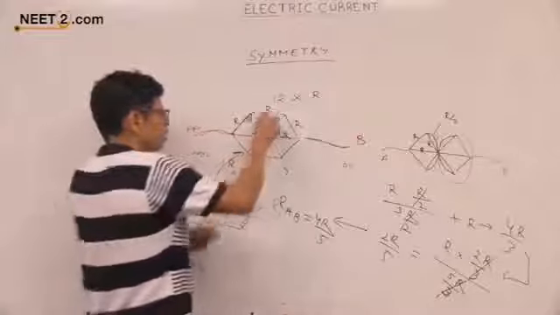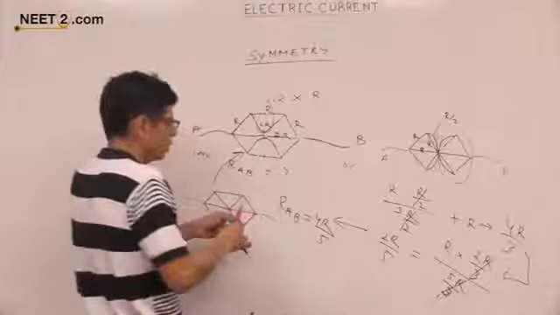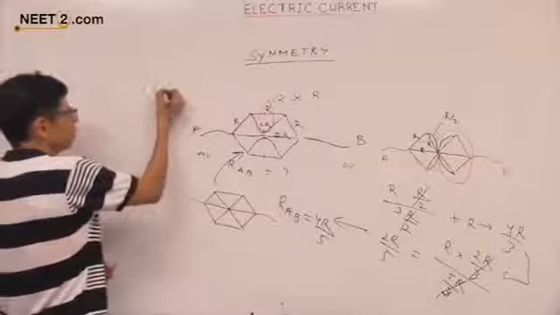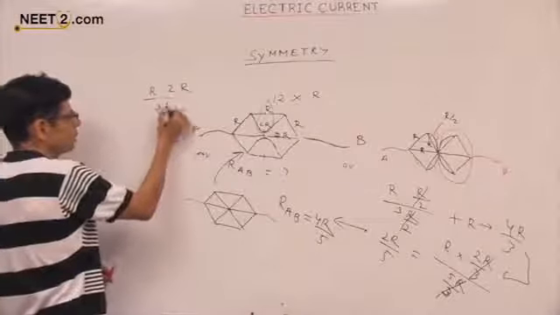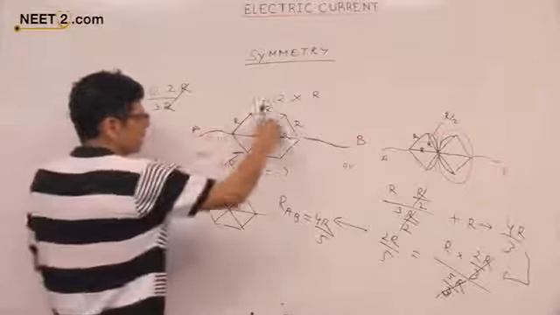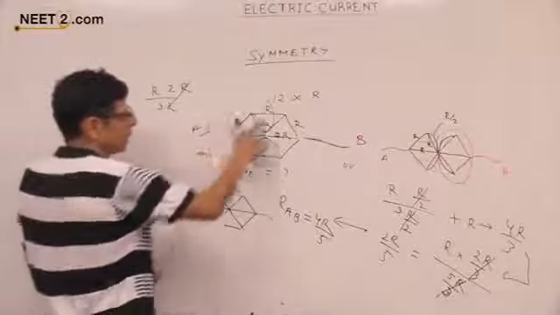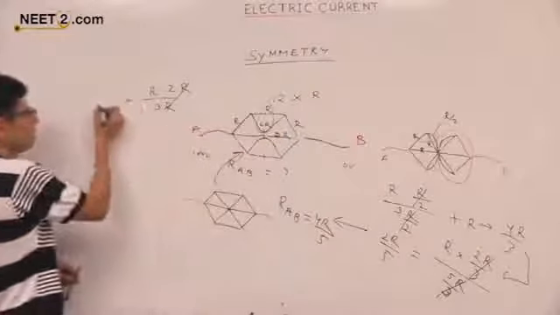Now this part is parallel between R and 2R. So this is R1 R2 upon R1 plus R2, which gives me 2R upon 3R, so 1R cancels. So this part is 2R by 3. That 2R by 3 and this R, that is 2R, are in series.